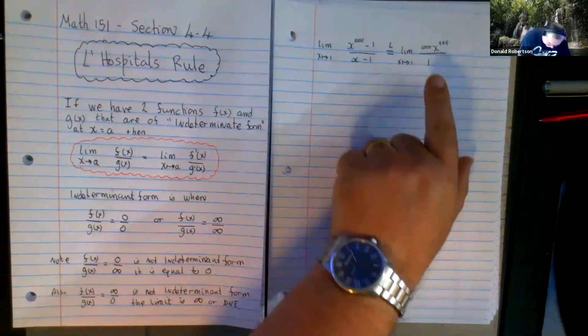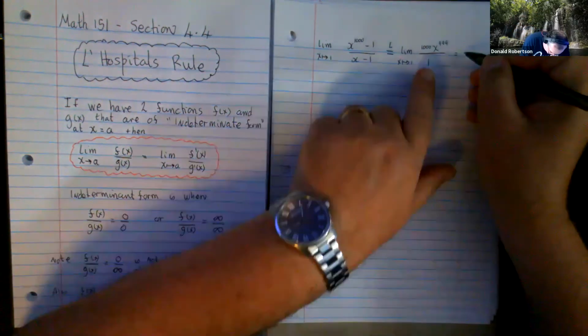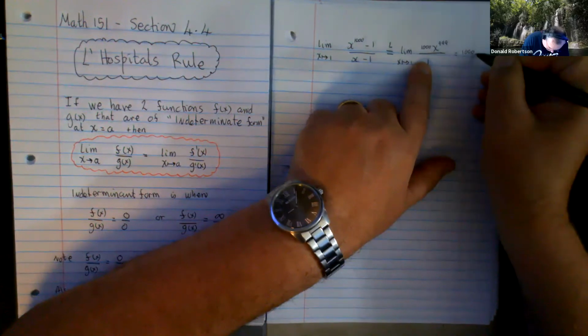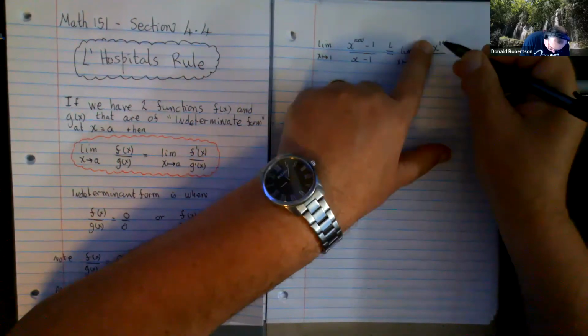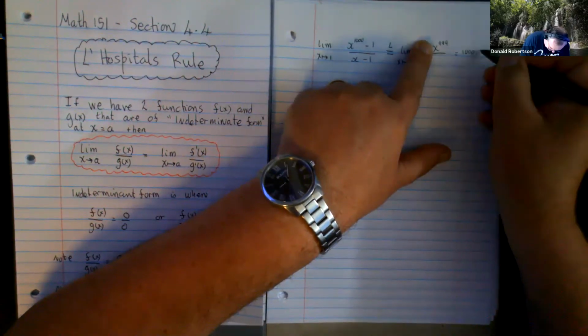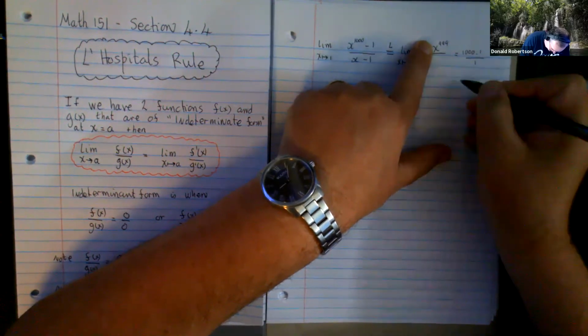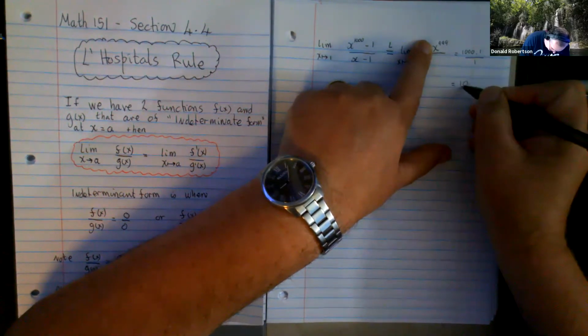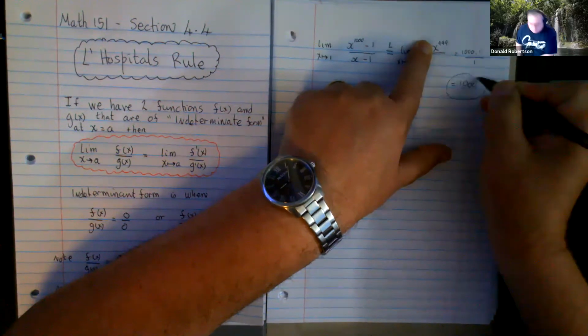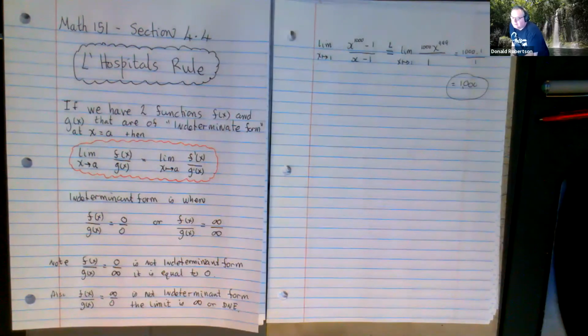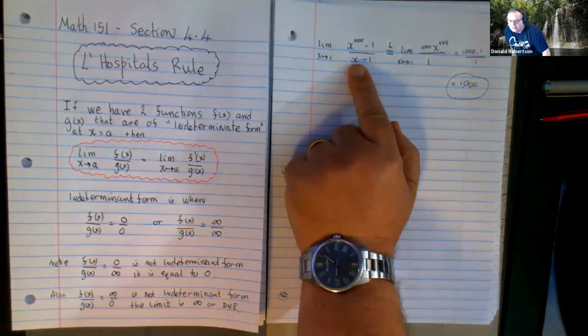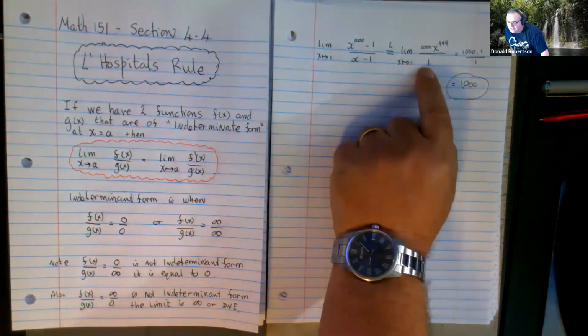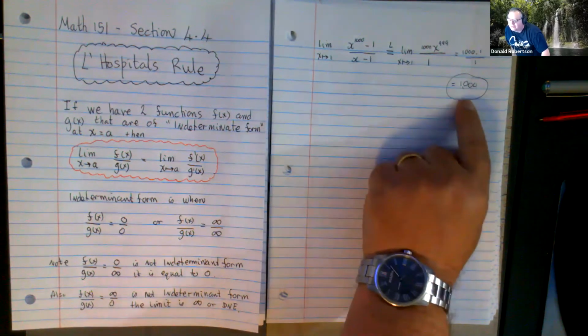Now I'll find the limit. Well, 1,000 times 1 to the power of 999 is just 1,000 over 1, and the answer is 1,000. It's almost like magic. Horrible question, can't do, turned into a really easy question, got the answer.